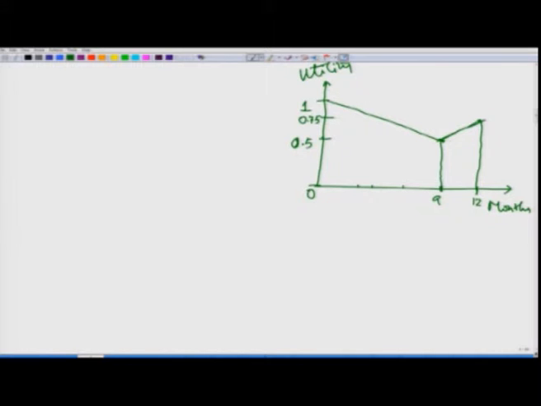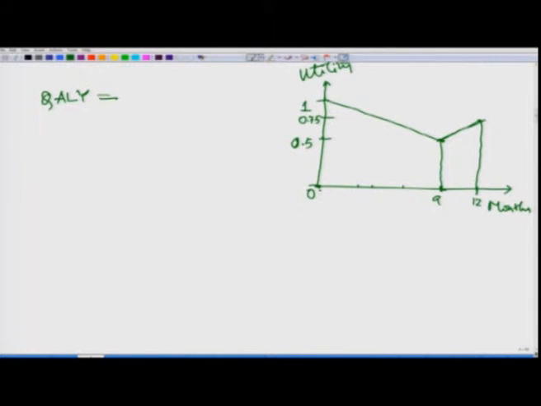When we try to estimate QALY for this example, consider any time during 0 to 9 months. What is my average utility?